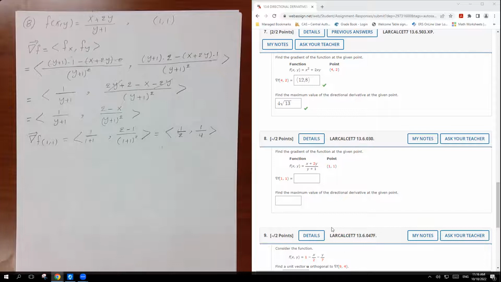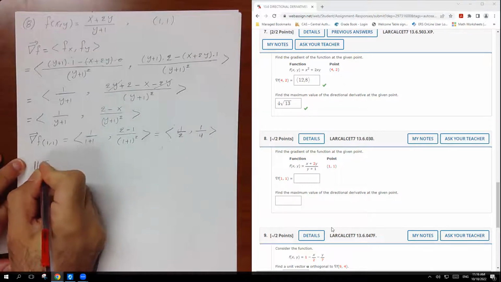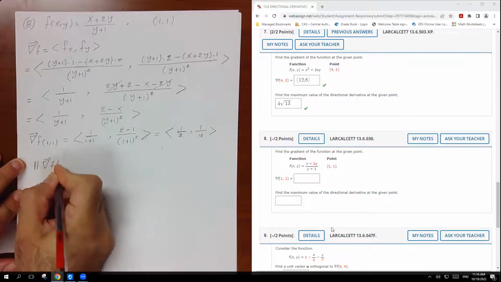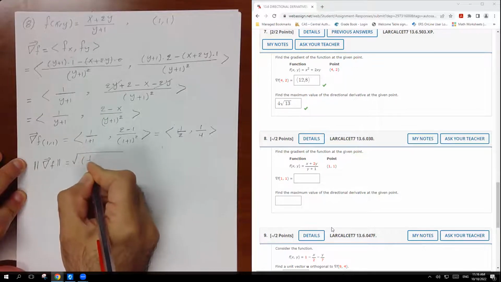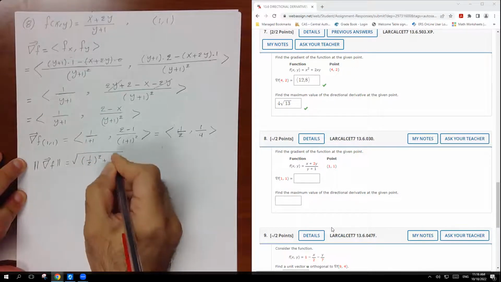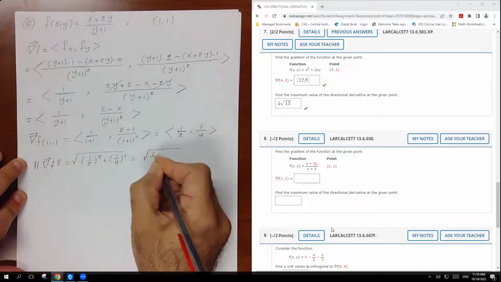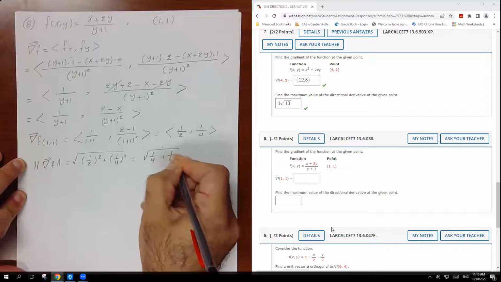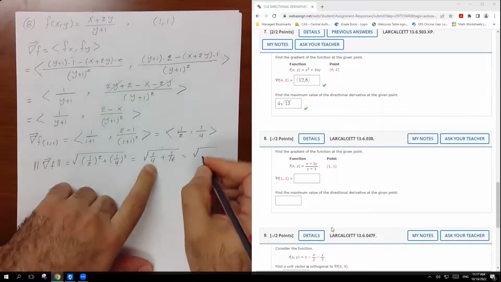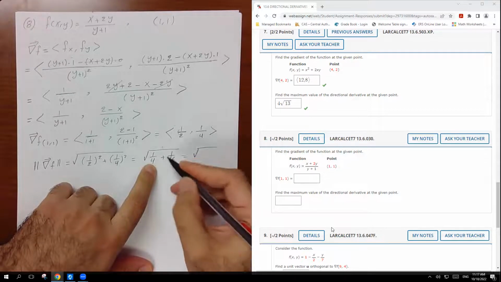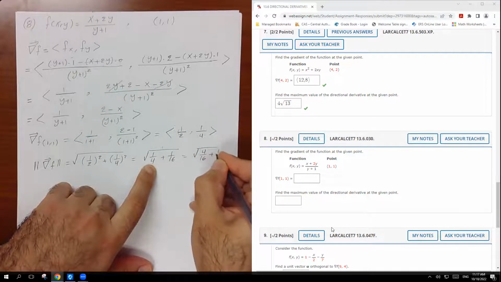To find the maximum value, that means we're going to find the length of the gradients of the function f, which is equal to the square root of half squared plus 1 over 4 squared. That is 1 over 4 plus 1 over 16.